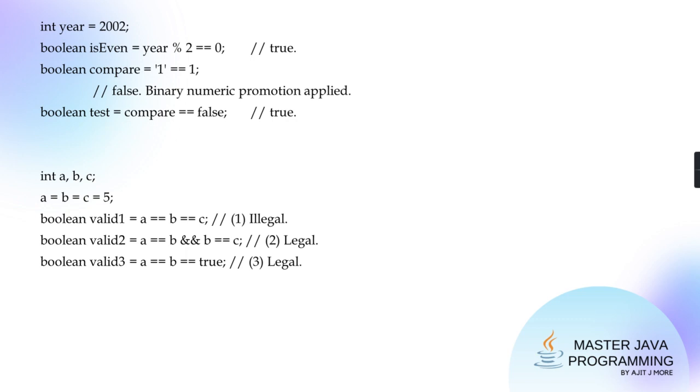It's quite simple to understand. A double equal to B gives Boolean, and Boolean equality is allowed. But Boolean and non-Boolean is not allowed, therefore illegal. So the conclusion: equality, inequality are associative, not like relational, which are non-associative.